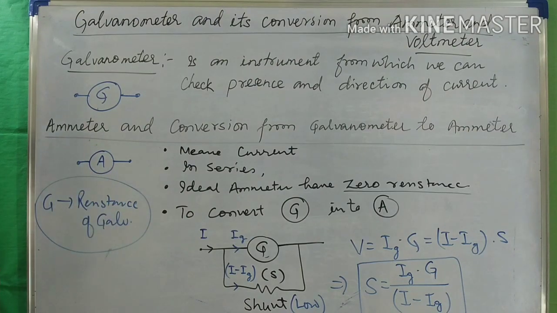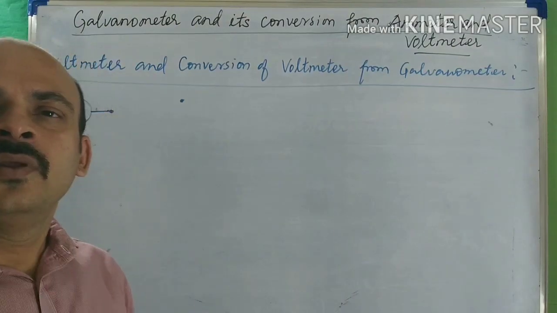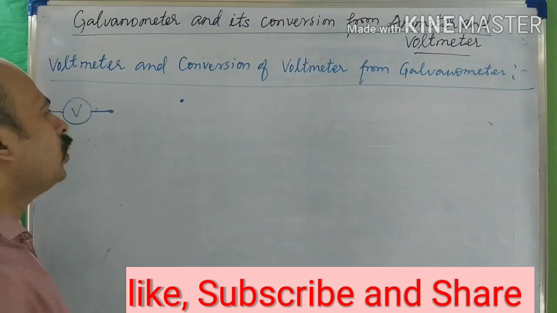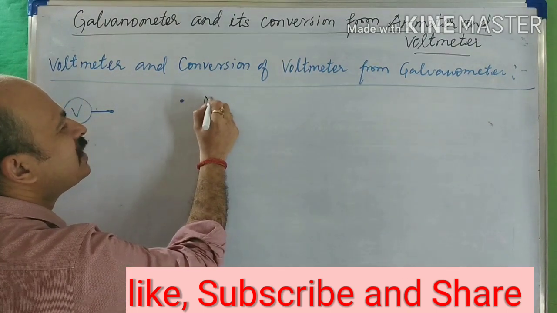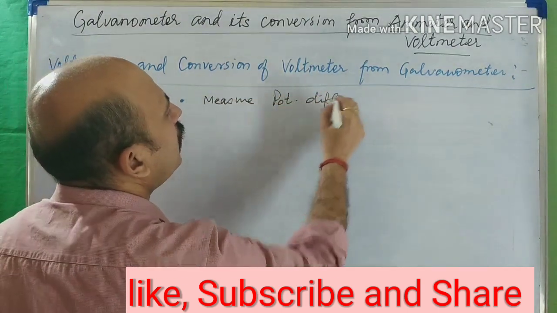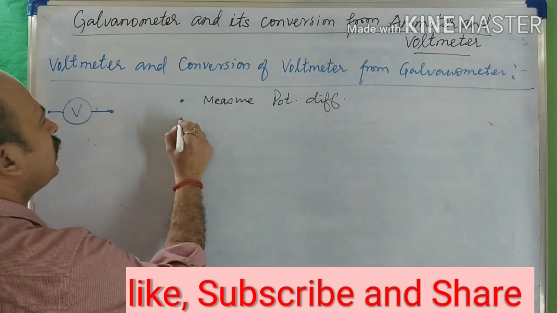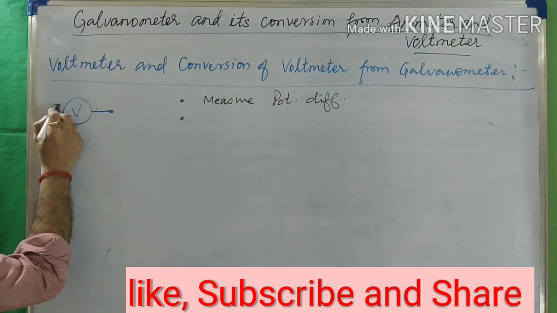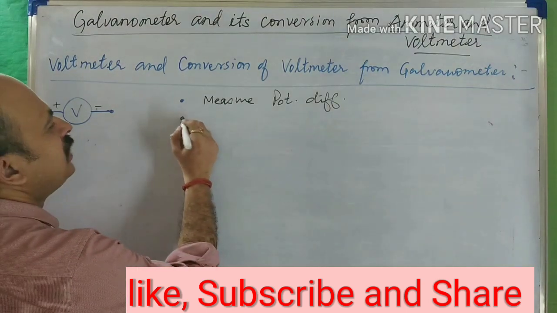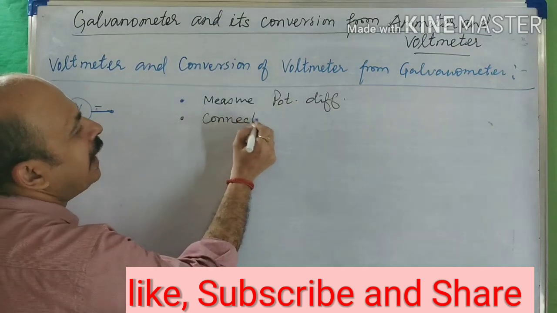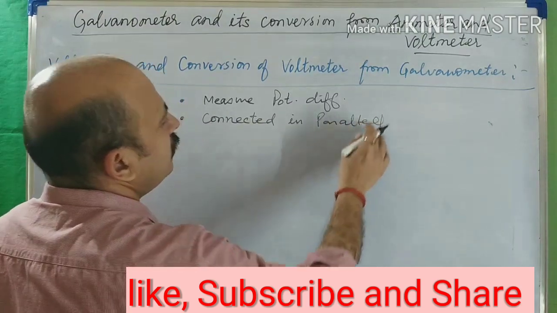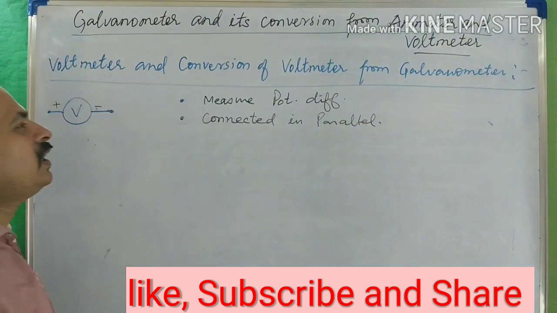The symbol of an ammeter is A. Now how will you convert a galvanometer into a voltmeter? A voltmeter is a device which is used to measure potential difference or EMF. The symbol of a voltmeter is this; it will measure the magnitude of potential difference, and it should be connected in parallel to the load.